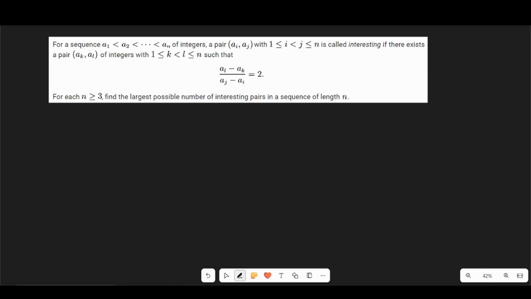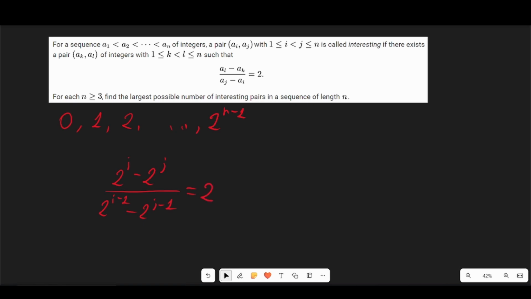We will show this by considering the sequence of all powers of 2: 1, 2, all the way up to 2 to the n minus 1. If we take (2^i - 2^j) over (2^(i-1) - 2^(j-1)), this is always 2.